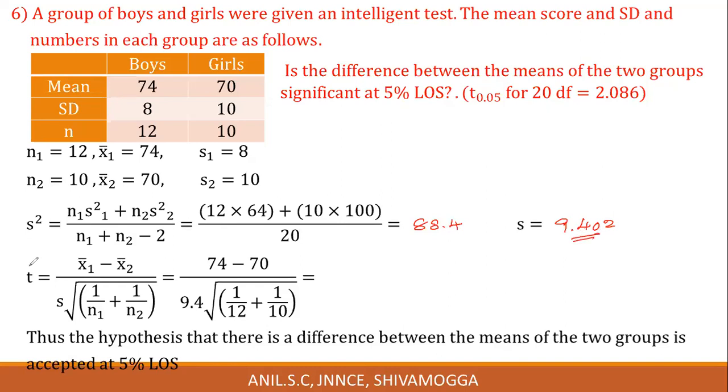S is 9.402. Now we shall calculate t, which is given by x1 bar minus x2 bar divided by S into square root of 1 over n1 plus 1 over n2.